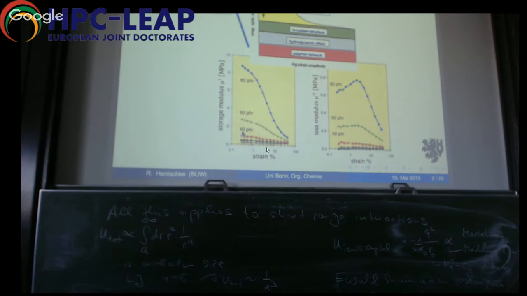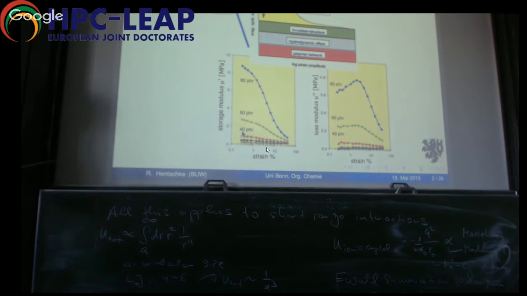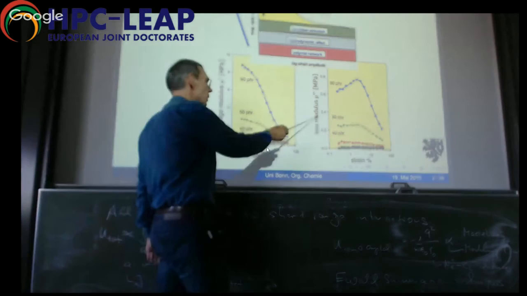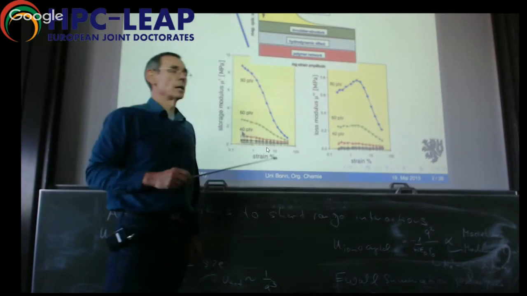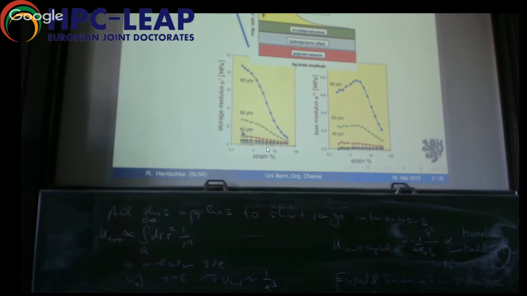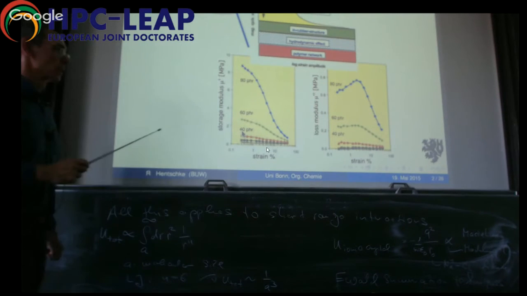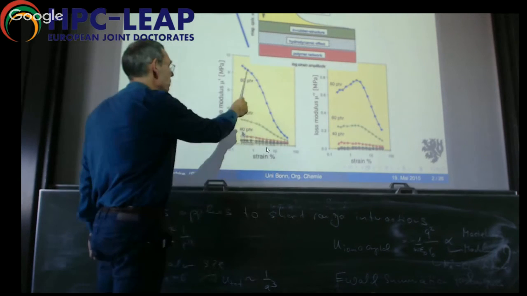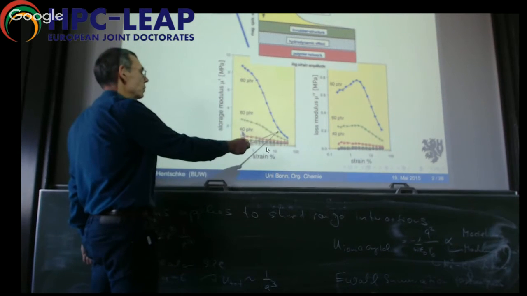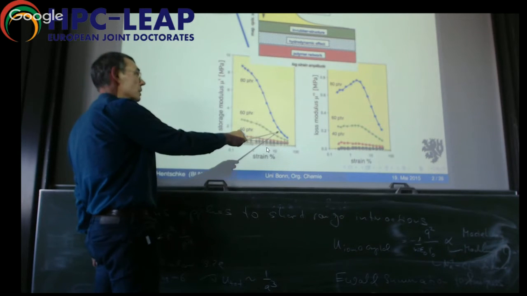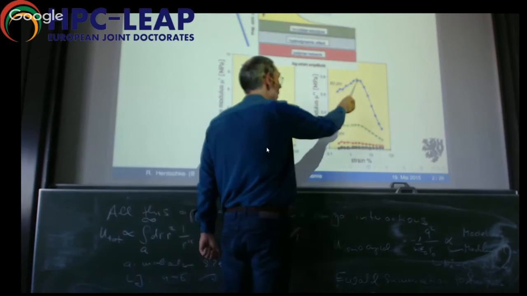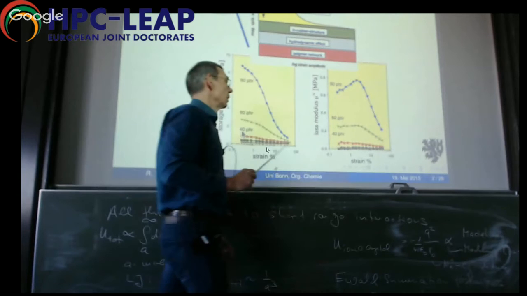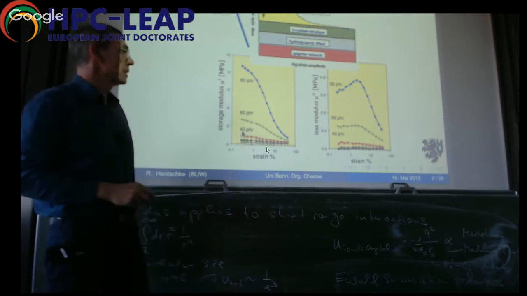But it is dissipated. This energy is then dissipated, and there's another quantity called loss modulus. It describes basically the dissipated energy in a certain strain cycle. And here, where the loss of the spring constant is highest, we also have a high loss really on the other side. And this is internal friction.